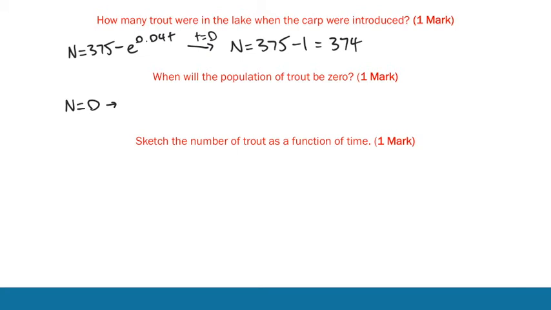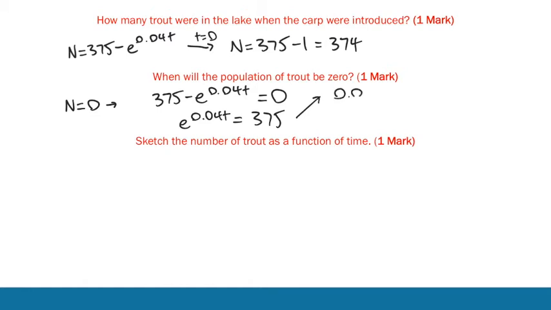So the way we do it is we go 375 minus e to the 0.04t is equal to 0. So we get e to the 0.04t is equal to 375. Just like before, we take a logarithm, and that gives us 0.04t is equal to the log natural of 375.